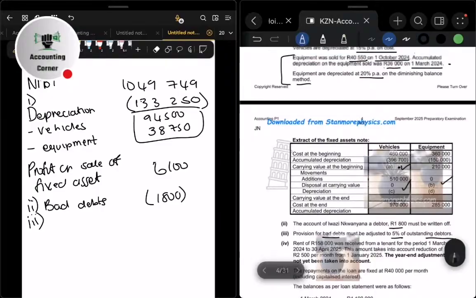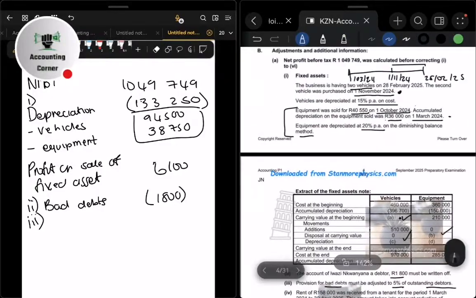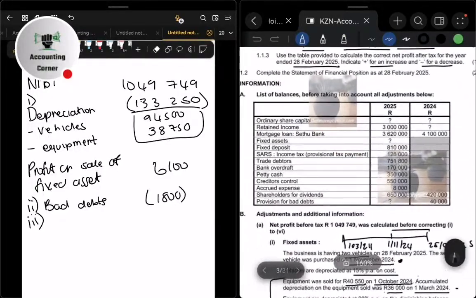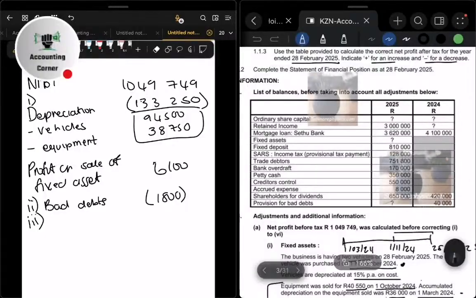Okay, so we have this bad debt of 1,800 that must be written off. So we'll go to the balance given in the trial balance for trade debtors and subtract 1,800, which is written off. So that will be 751,800 minus 1,800, which will give us 750,000.